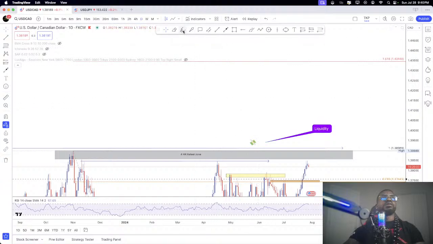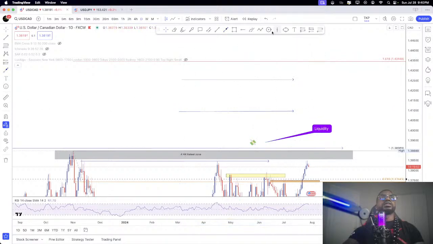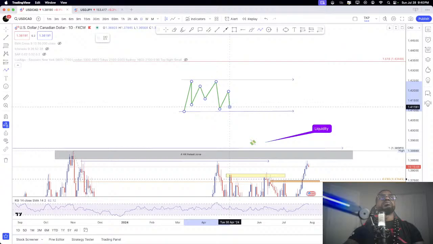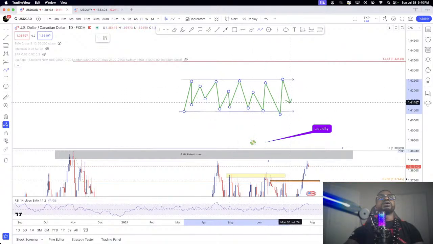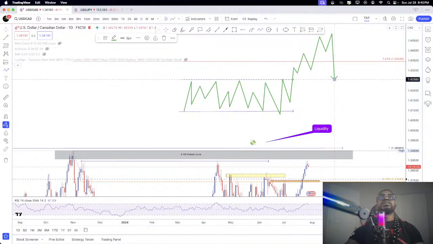So for that example, let's say we got price traveling in between range, right? As a trader, beginner and intermediate level traders, you guys want to wait until you get a clear break above with multiple closes, and then we'll wait until price pulls back to retest the level that price broke out at.